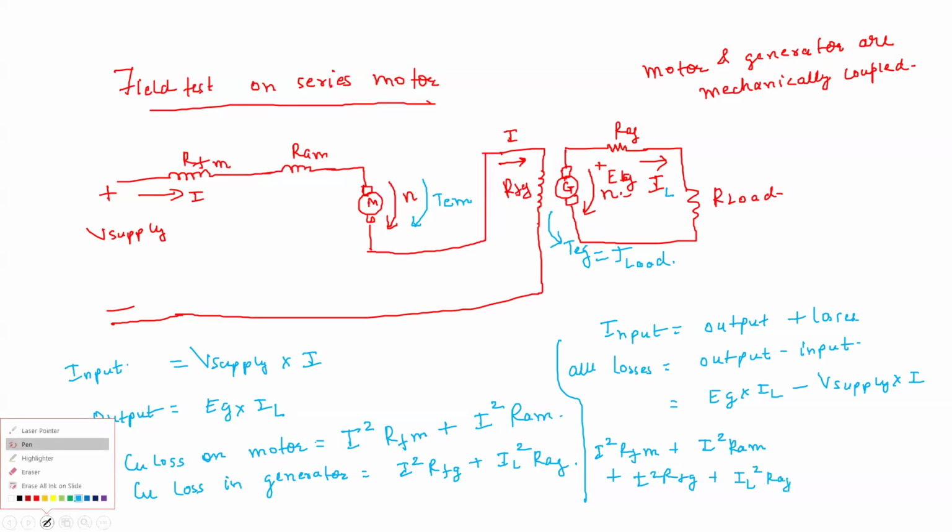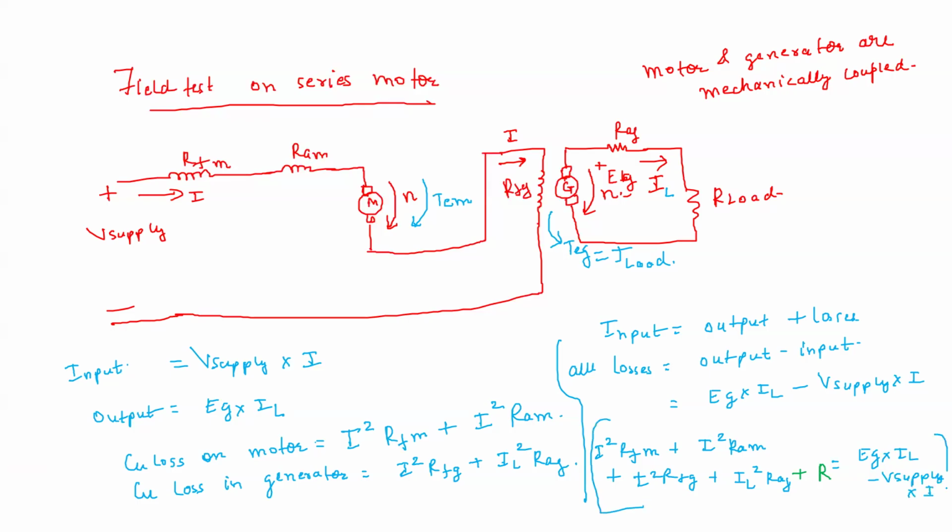Let us suppose the rotational loss is R. This sum is equal to V supply into I minus Eg into IL. From this equation, you can find out the rotational loss R. But this rotational loss R is the rotational loss of both the machines combined. So for individual machines, the rotational loss will be R by 2.